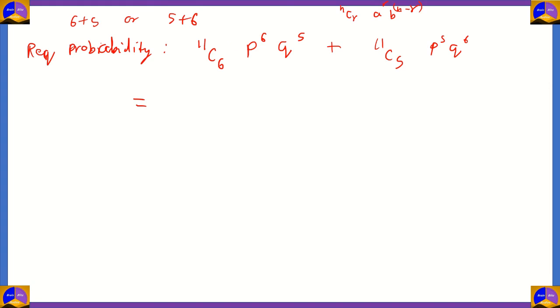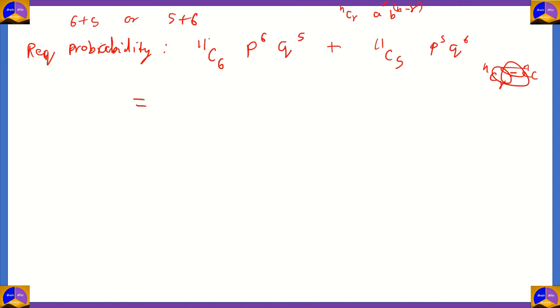So now what we're going to do is take things common out from here. In the binomial theorem, we know that nCr can also be represented as nC(n minus r).